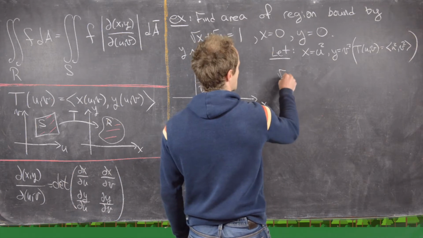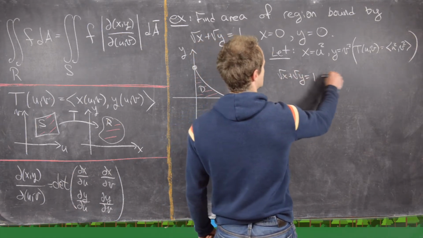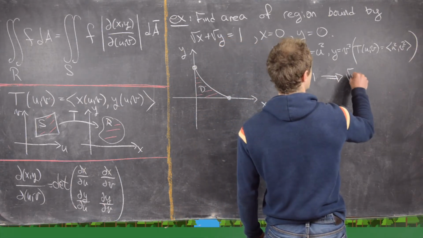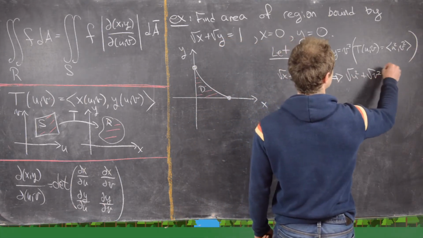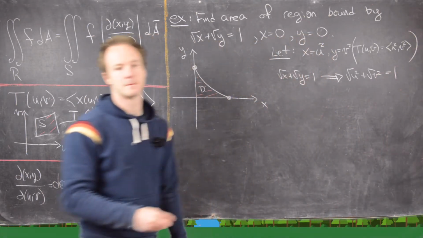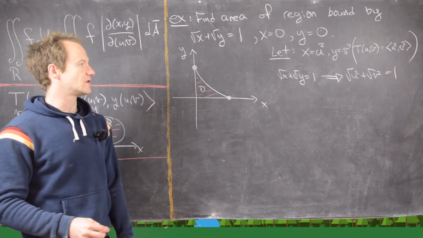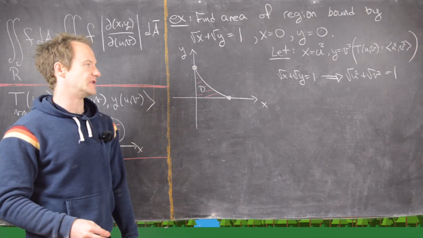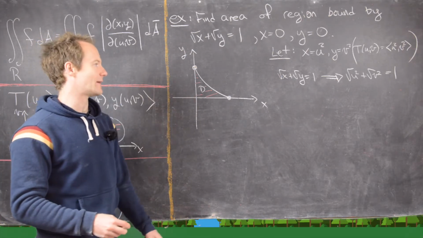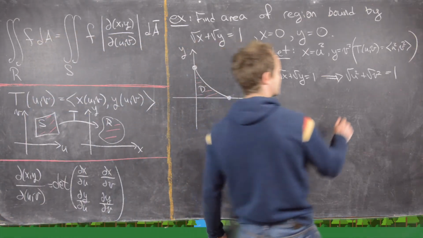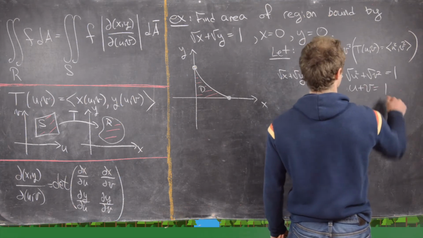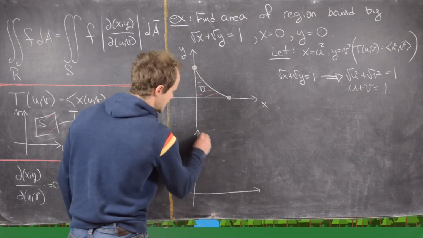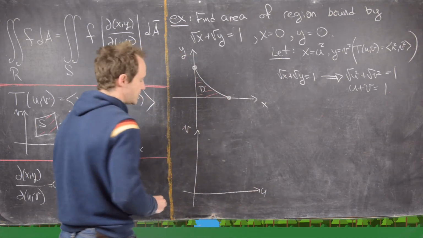So that means that the square root of x plus the square root of y equals 1 is going to be changed into the square root of u squared plus the square root of v squared equals 1. Now that immediately looks like the absolute value of u plus the absolute value of v equals 1, but since all of this is happening when x and y are positive, that's really just u plus v equals 1. Which means we can make a corresponding picture down here in the uv plane.